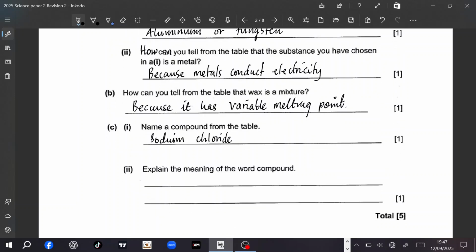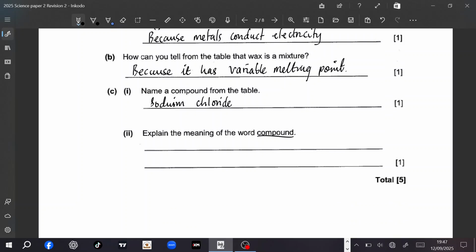Because it consists of two elements. There's an element sodium and then there's an element chlorine combined together. Then they said, explain the meaning of the word compound. The word compound means something consisting of two or more atoms of elements chemically combined.